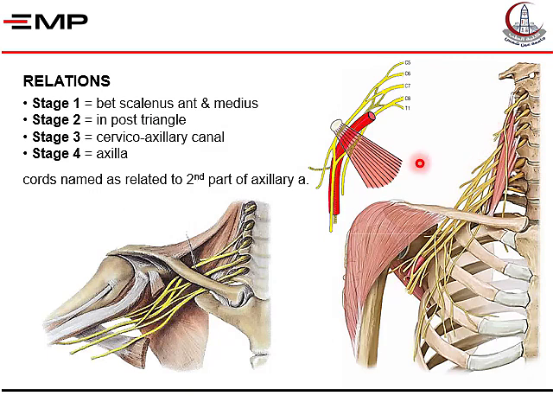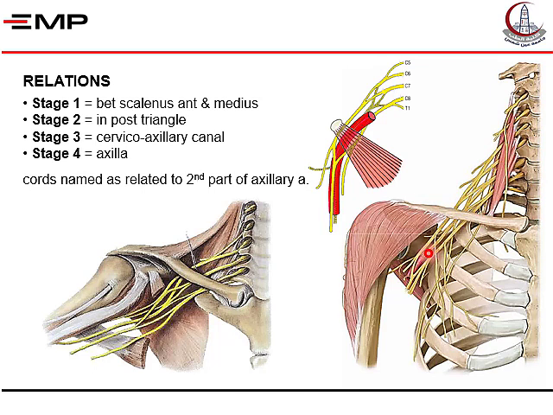The relations of the brachial plexus: the first 2 stages, the roots and trunks, lie in the posterior triangle of the neck. The roots emerge between 2 scalene muscles, the scalenus anterior and the scalenus medius. The divisions occur behind the clavicle.